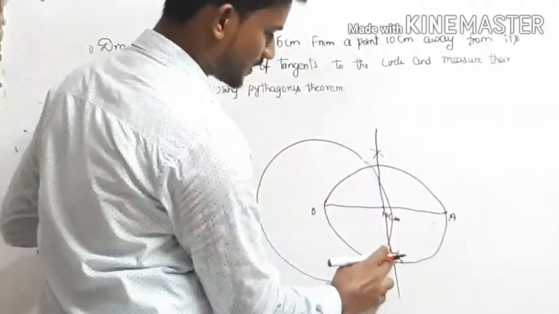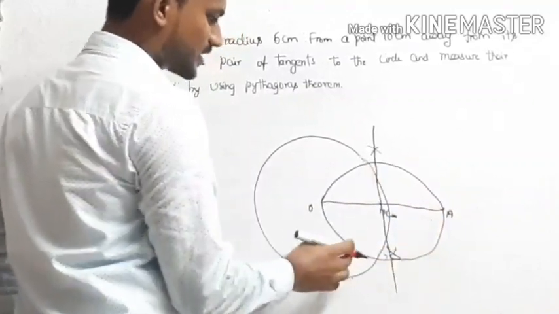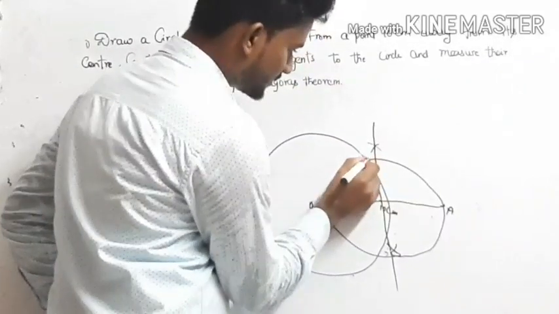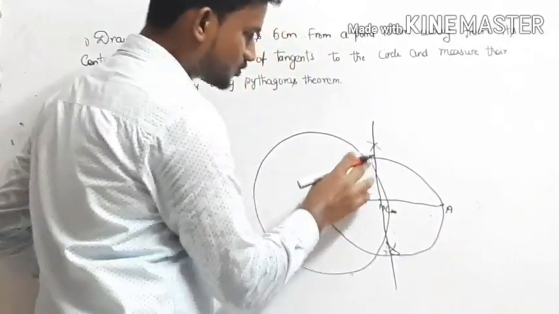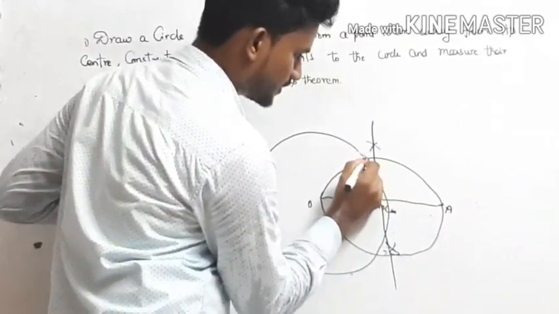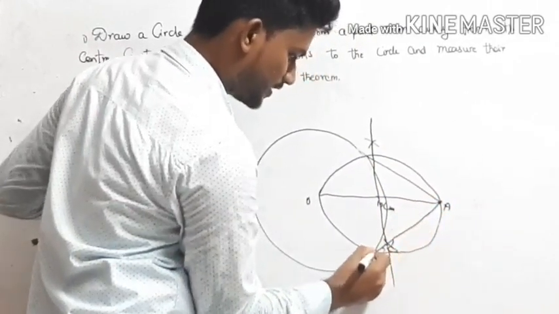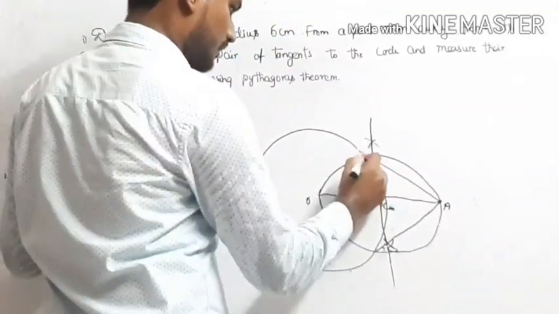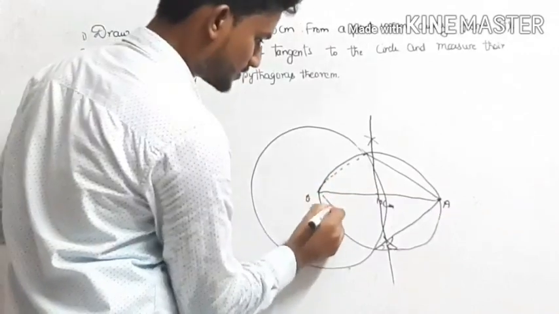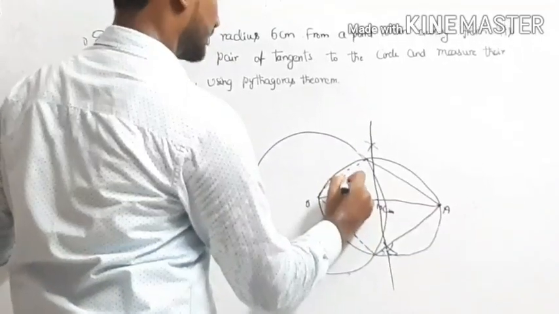It will pass through the two points, O and A. From the points where this circle intersects the given circle, we construct the tangents. This is the radius, and this is also a radius of the larger circle, that is 6 centimeters.